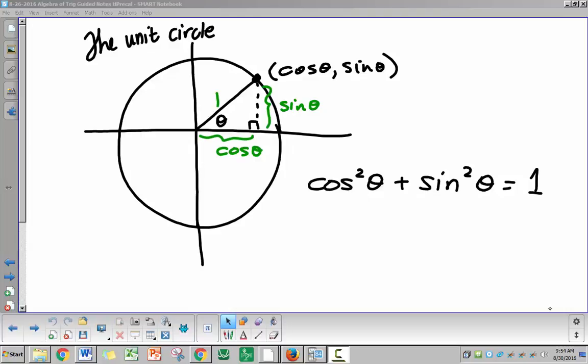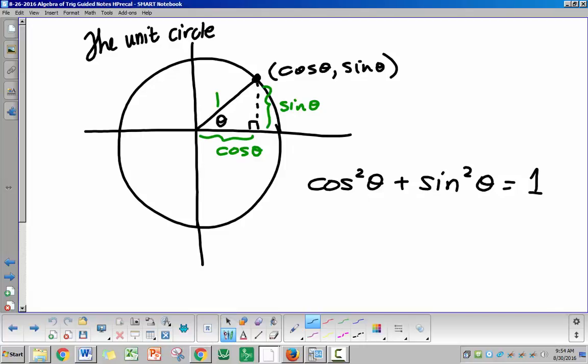We did the unit circle, right? And we came up with, using Pythagoras, cosine squared theta plus sine squared theta equals 1. I call this identity the big one.